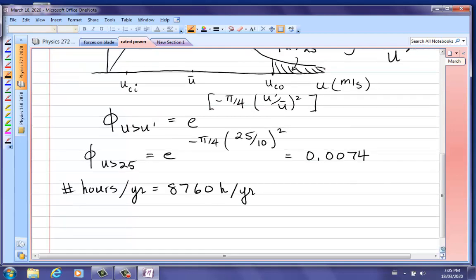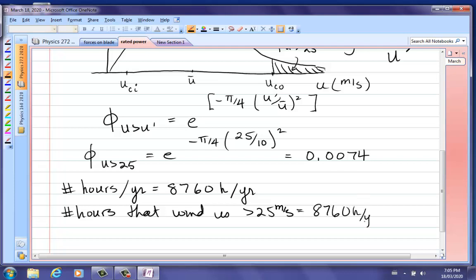And so if 0.74% of the time the wind is greater than 25 meters per second, it means the number of hours that wind is greater than 25 meters per second would be the 8,760 hours per year times the 0.0074. So it turns out that there are only 64.7 hours in a year where you have to shut this wind turbine down because it's too windy.